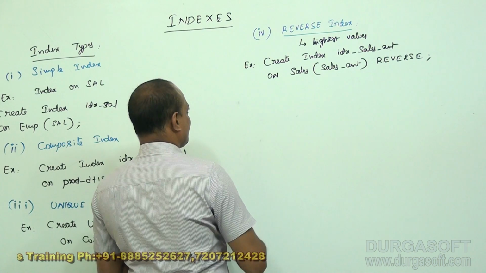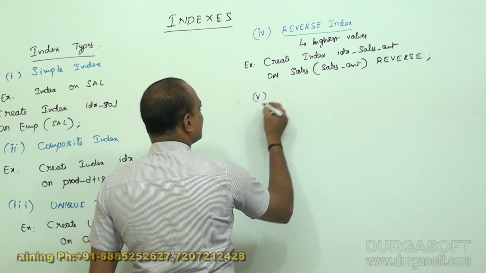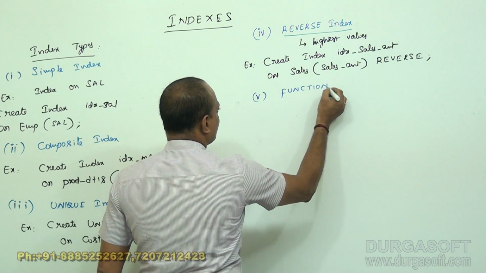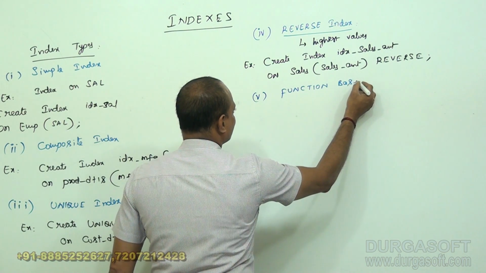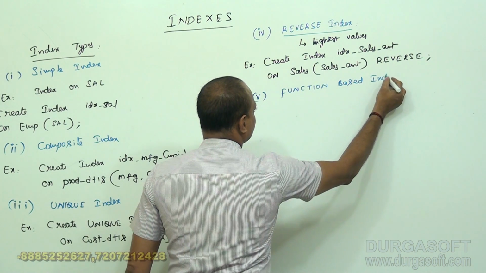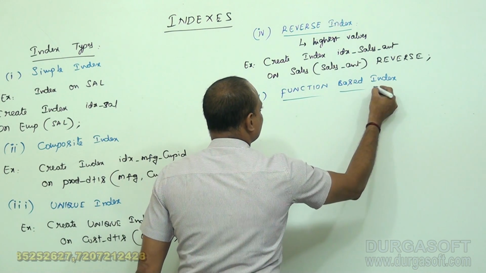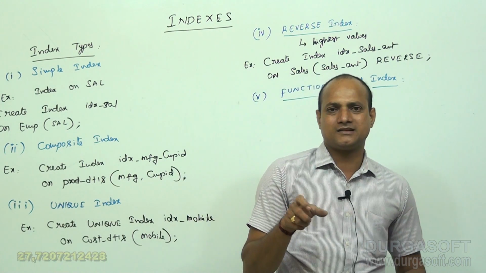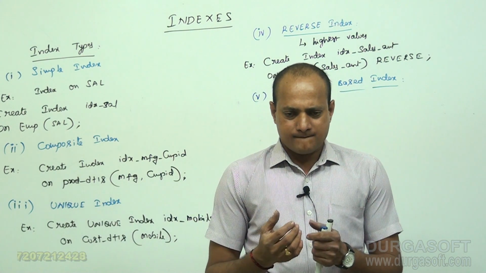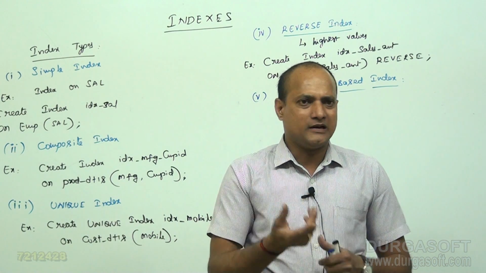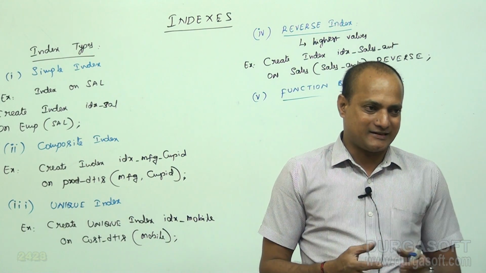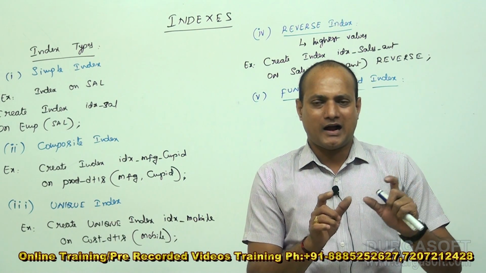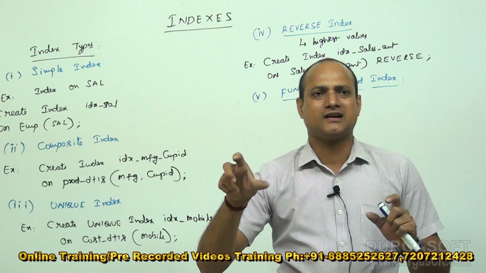Yeah. Next type of index is function based index. Let me explain it. It's very simple. See, I have a table EMP. Salaries column is there. I want to display employee ID, salary, and some percent of salary as commission.